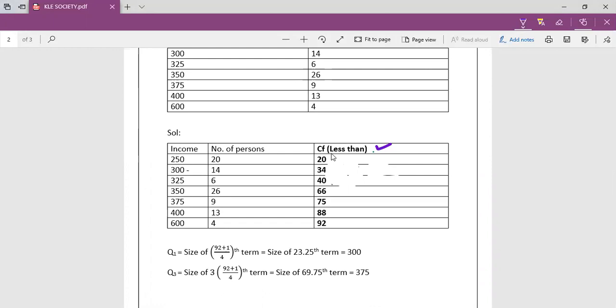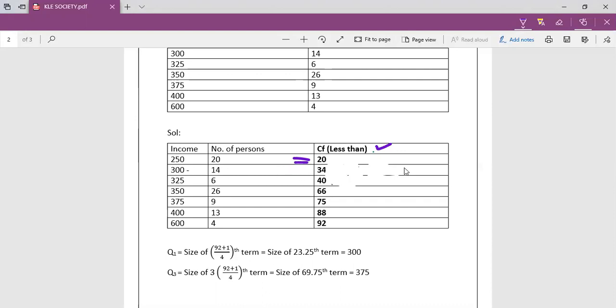So how will you calculate your cumulative frequency? Your first cumulative frequency is going to be equal to the first frequency value. So whatever is the first frequency value, you will take the same value as your cumulative frequency.